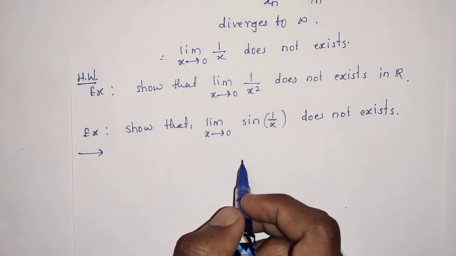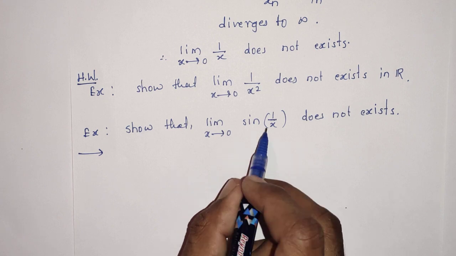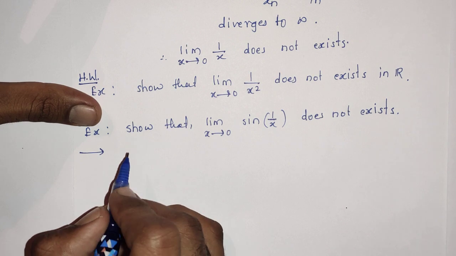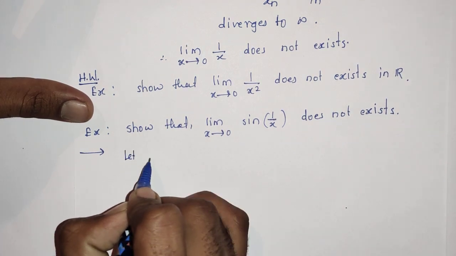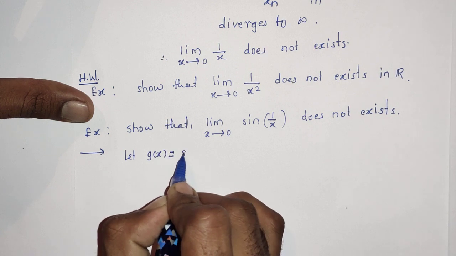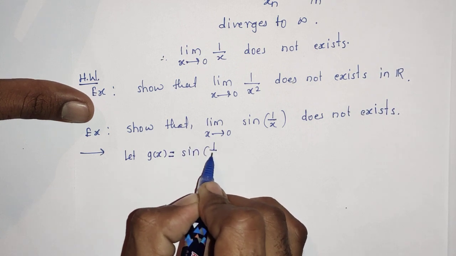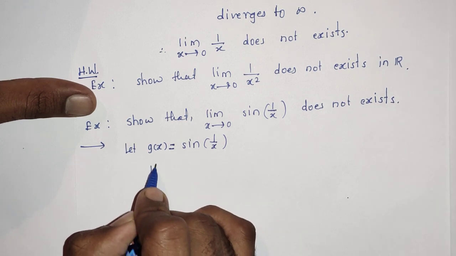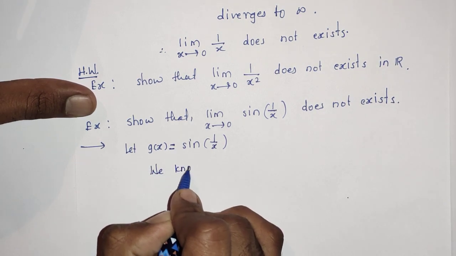Now here we are given this function; suppose we denote this function by g of x. So let g of x be equal to sine 1 by x, but we have to find two subsequences.